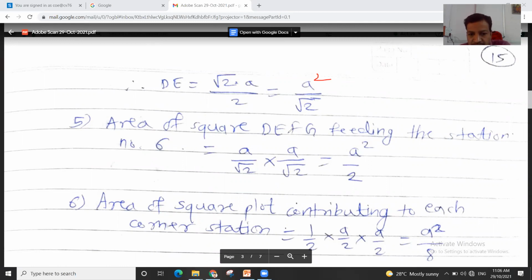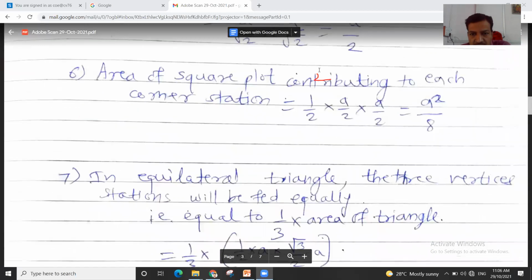This is the area of square DEFG feeding the station number 6. Then the area of square plot contributing to each corner station.